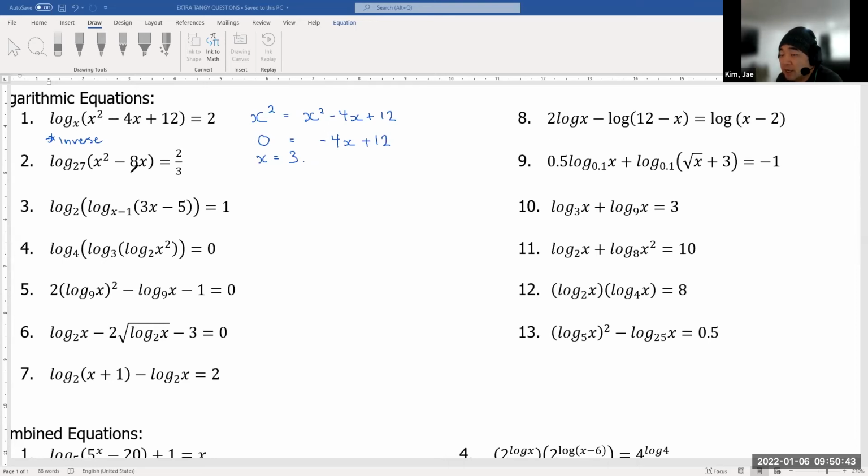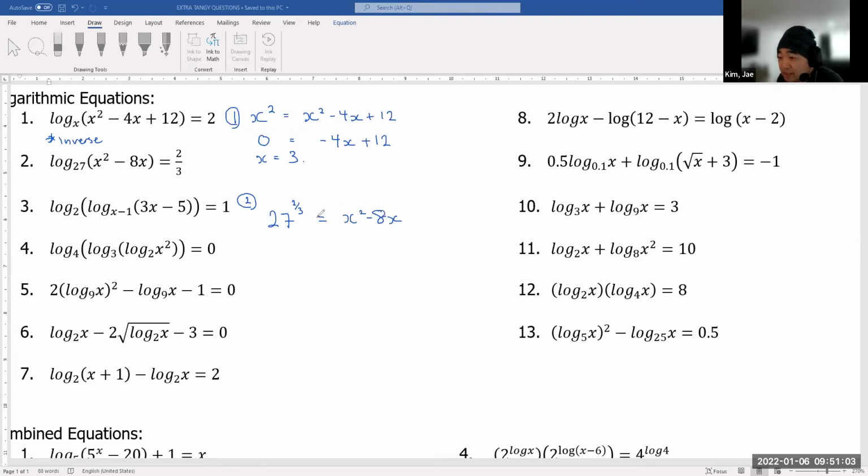Okay. So number 2, so this is number 1. If I were to do number 2, it's the same idea, but it would be what? 27 to the power of 2 over 3, which is very doable. Don't worry, everyone. And that is equal to the answer, x squared minus 8x.